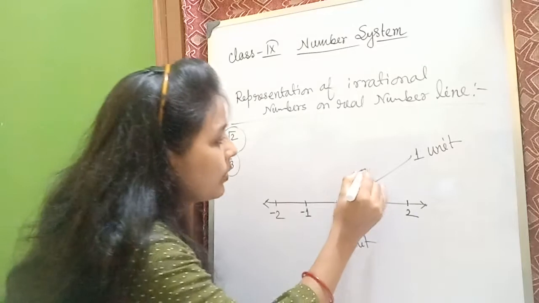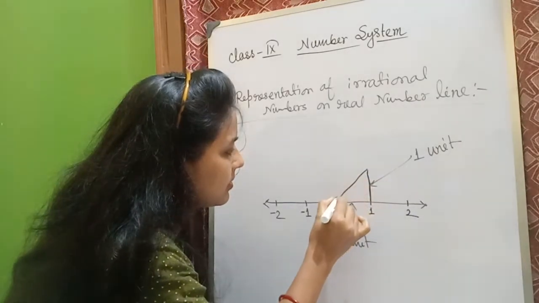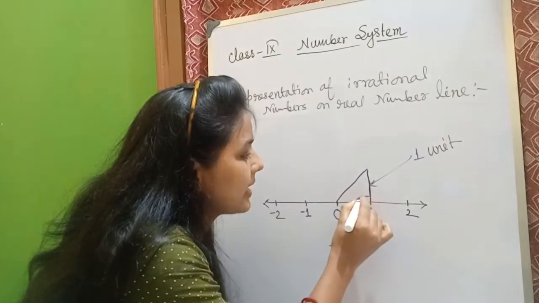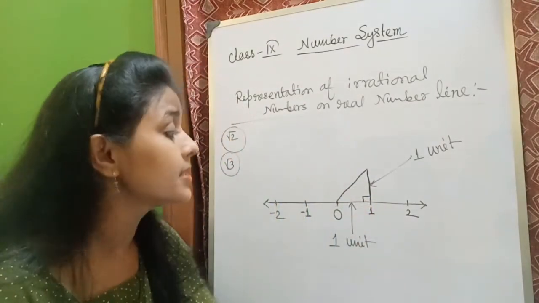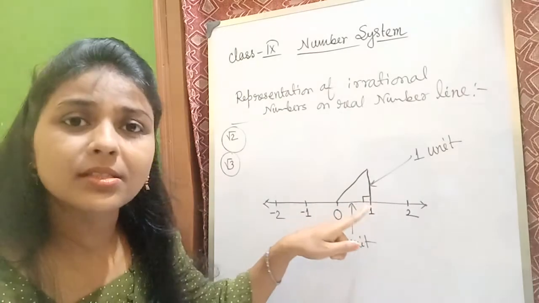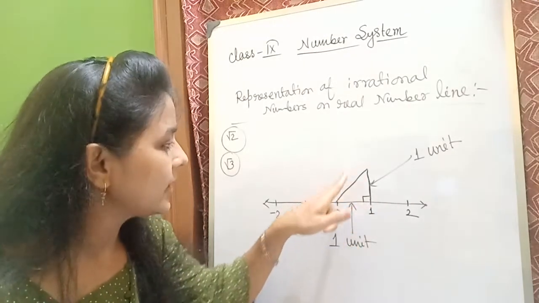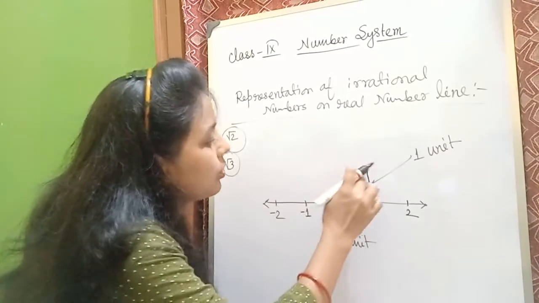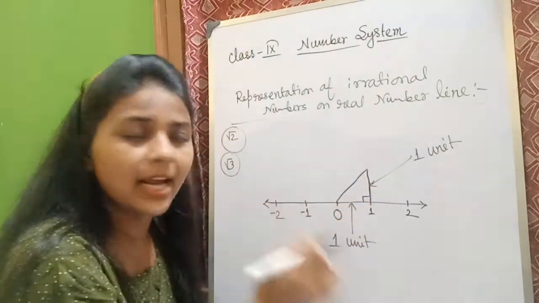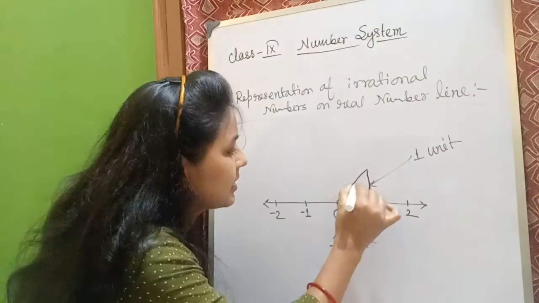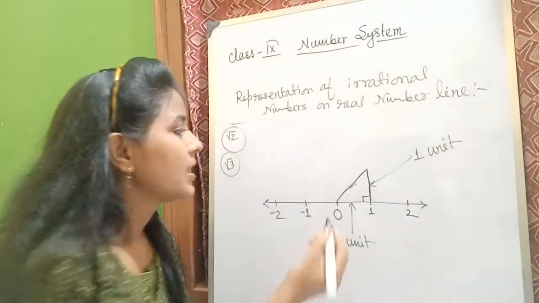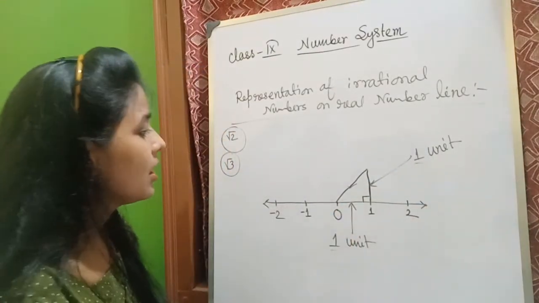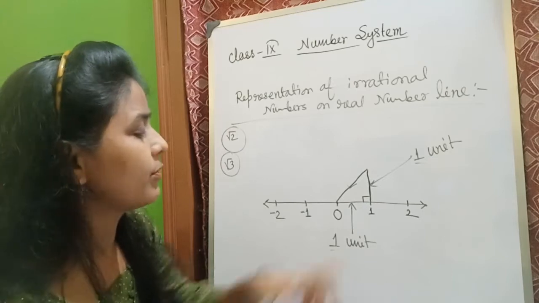Okay, we will join the points. So you can see that as it is a perpendicular, this one is a 90-degree angle and it forms a right triangle. This is the hypotenuse of it. Now you already have 1 and 1 here, one for the base and one for the perpendicular.